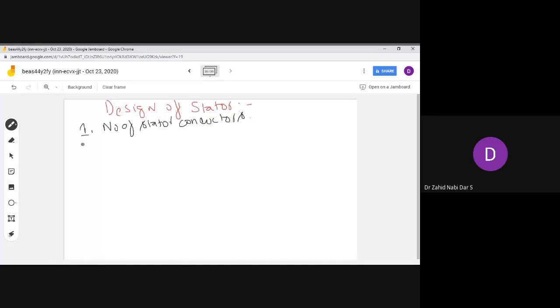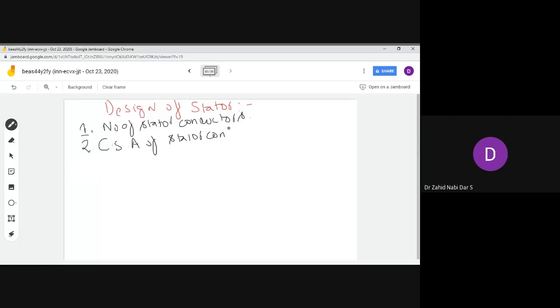The second property that you will look into would be the cross section of stator conductors, that is CSA, the cross sectional area of stator conductors.